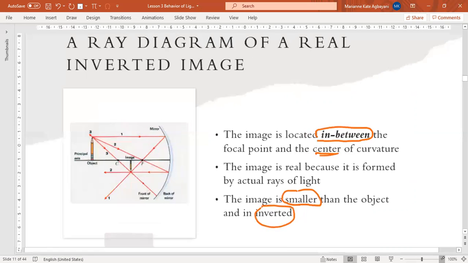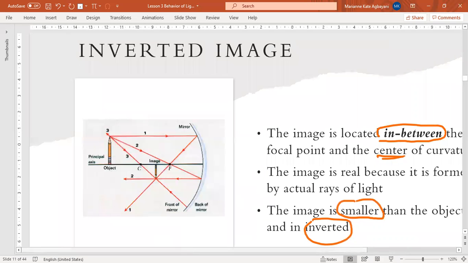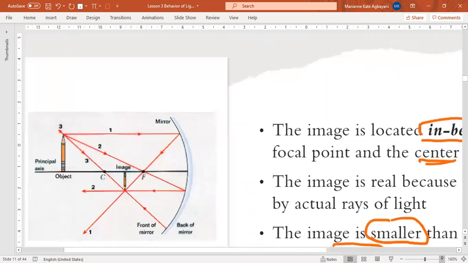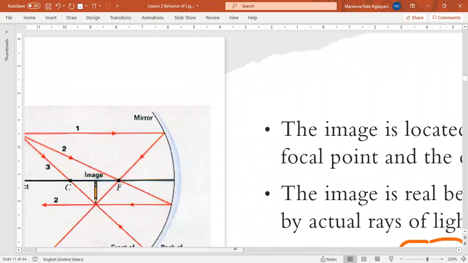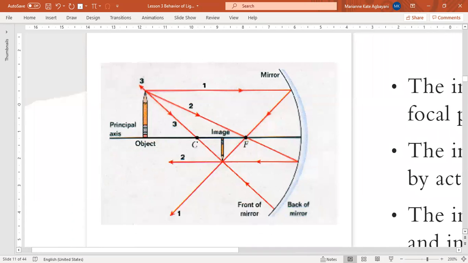Okay, so let's look at that. So we have here our image. Ito yung ray 1 natin, then we have here our ray 2. So we have here our image formed.